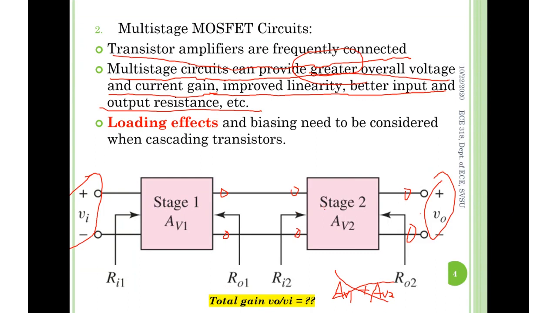The total resulting gain is not the sum of the two gains, but what? A product. So the correct total gain is AV1 times AV2.